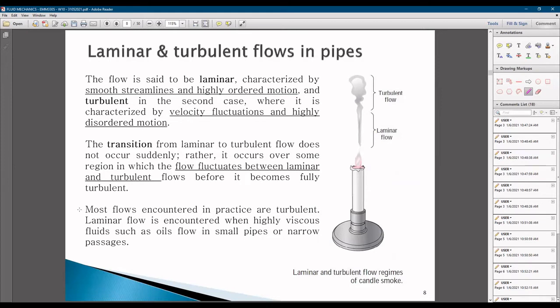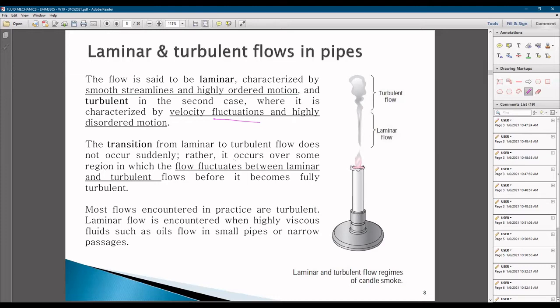The flow is said to be laminar when it is characterized by smooth streamlines and highly ordered motion. Turbulent flow is the second case, characterized by velocity fluctuation and highly disordered motion. The transition from laminar to turbulent flow does not occur suddenly.